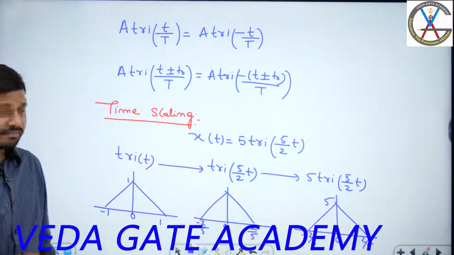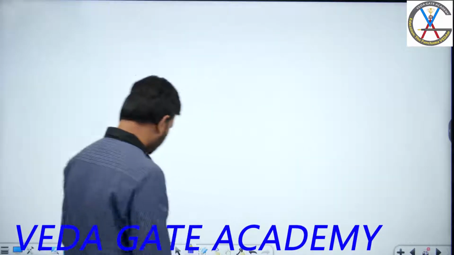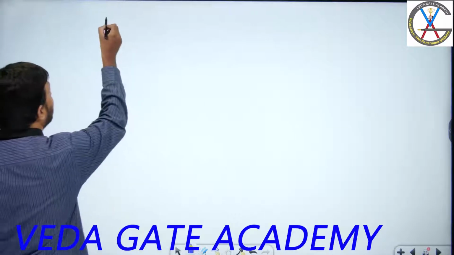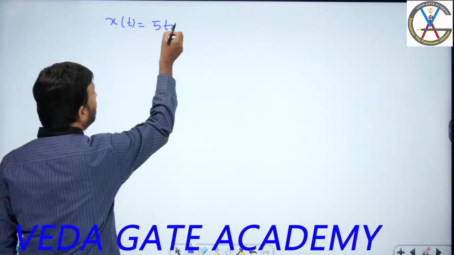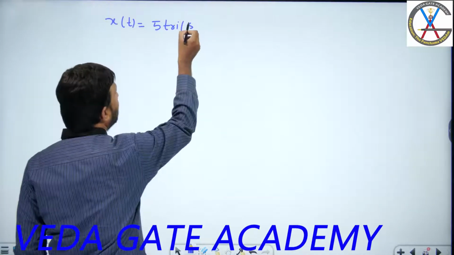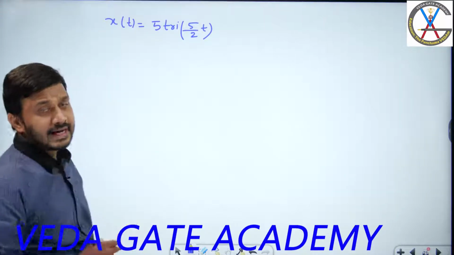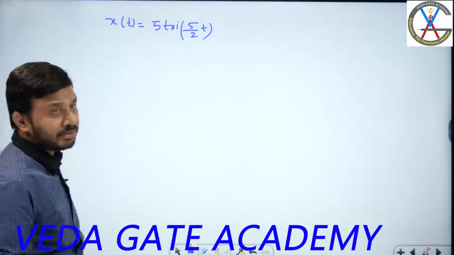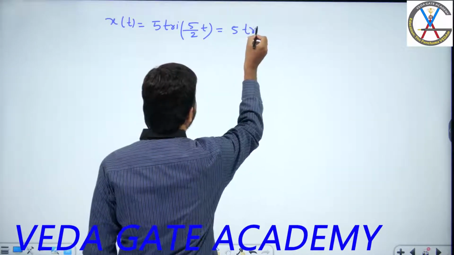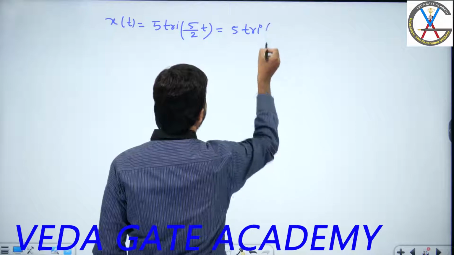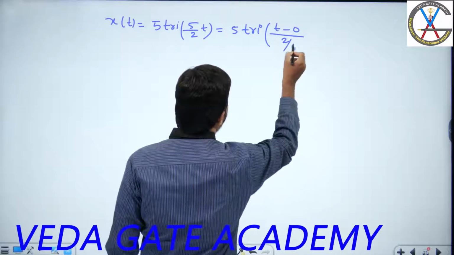This is one method, but I have a different approach also. Observe here. x of t is equal to 5 tri of 5 by 2 t. Can you put this in the standard triangular pulse format? Yes, I can. I can write this as 5 tri of (t minus 0) by (2 by 5).